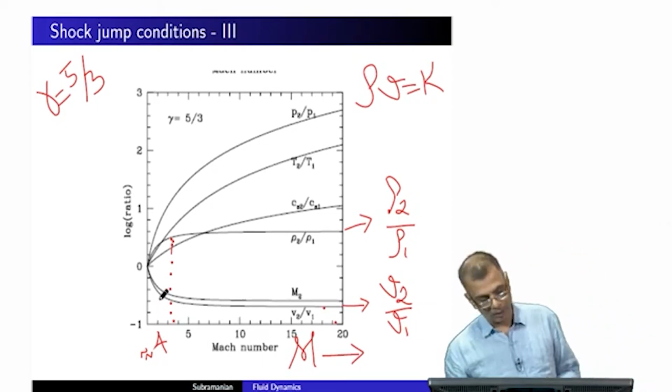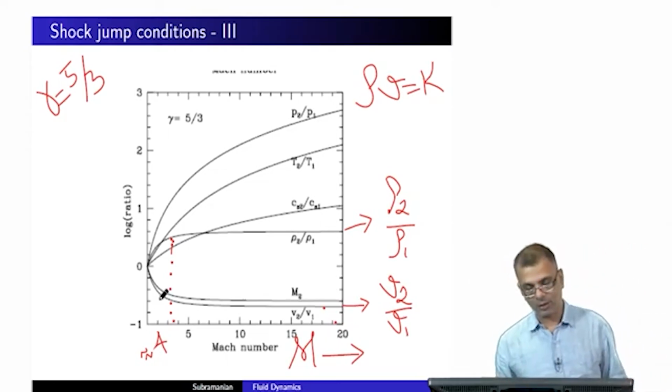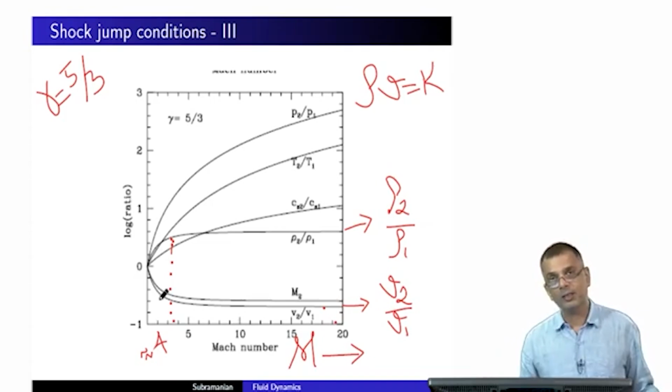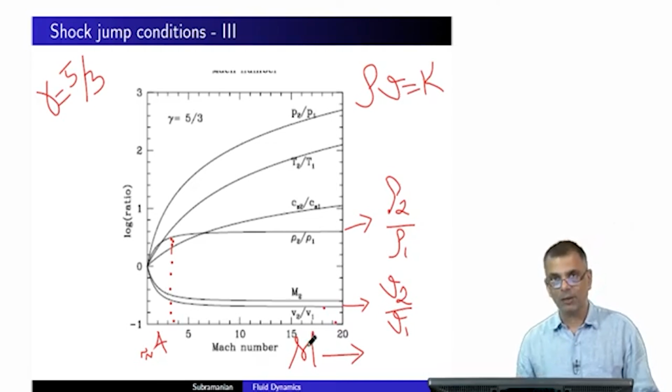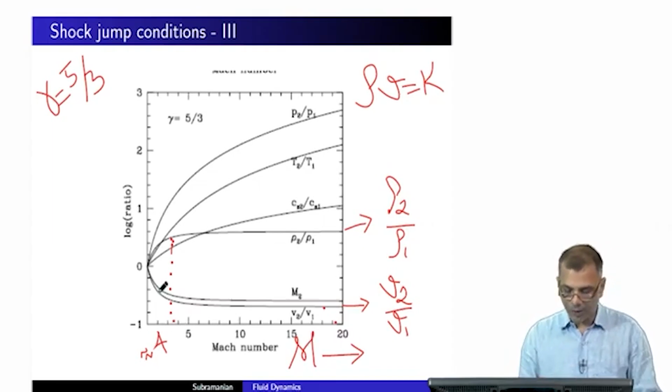What this is saying, the way people express this, is that beyond Mach number of 4, you can effectively regard this as an infinitely strong shock. It's a bit misleading, this terminology, an infinitely strong shock. It's not saying that the shock strength is actually infinite. In other words, the Mach number is actually infinite. No, it's not saying that. Anything larger than a Mach number of 4 is effectively infinite.